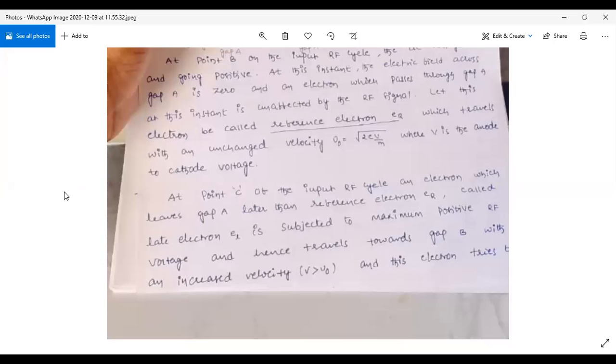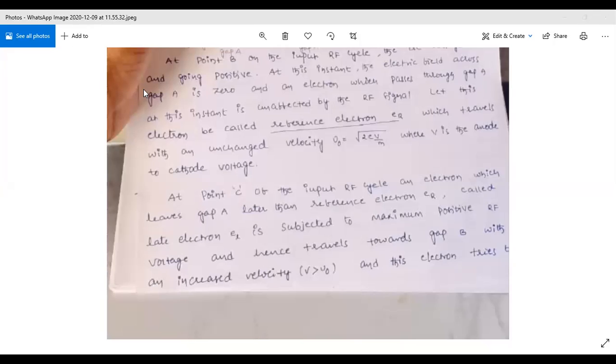Similarly, the early electron EE, which passes gap A slightly before the reference electron ER, is subjected to a maximum negative field.